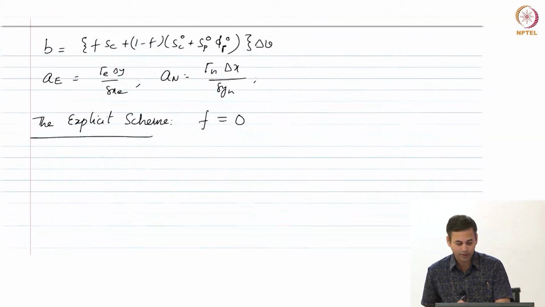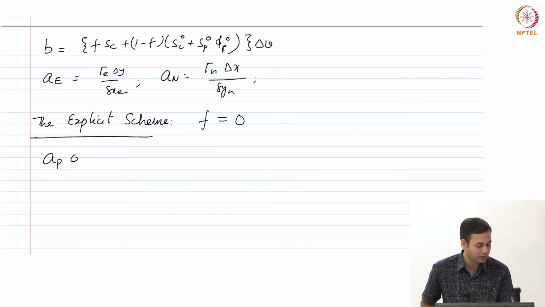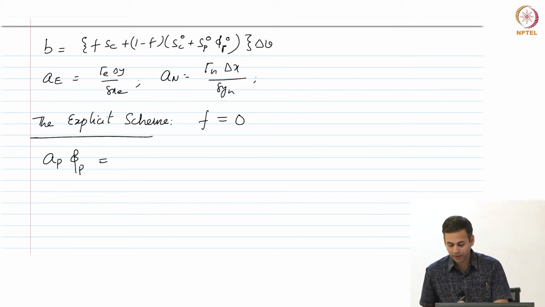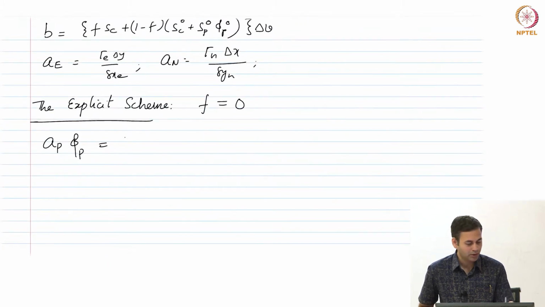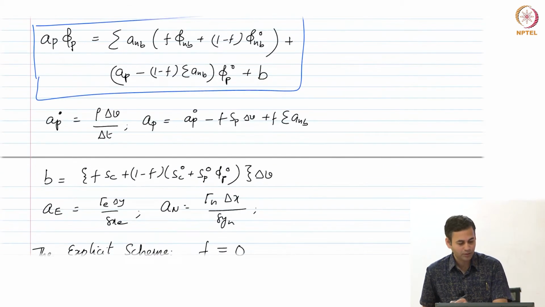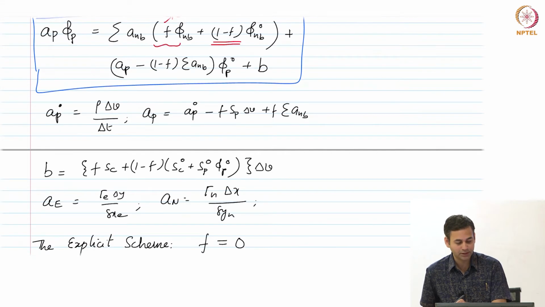The resulting equation will be AP Vp equals, what will be on the right hand side? F equals 0, so how much is sigma A and B, Phi and B 0? The first term would drop out, right. So, this will basically go to 0 because F is 0, right. So, the only term that remains is this one, A and B 0. What else?